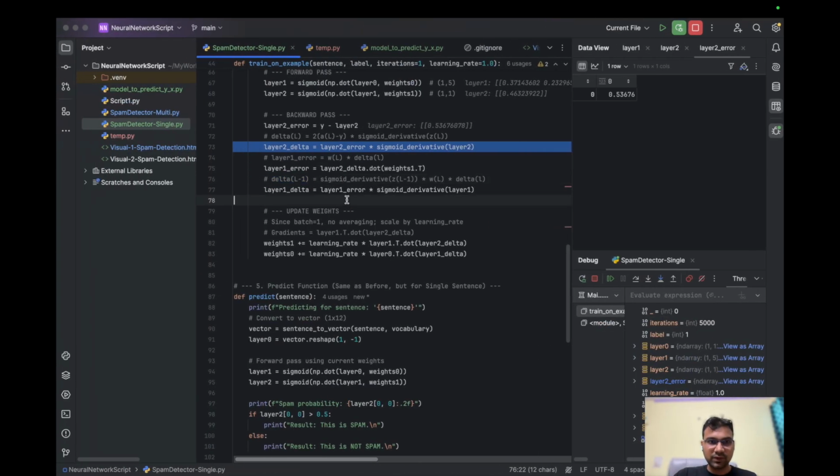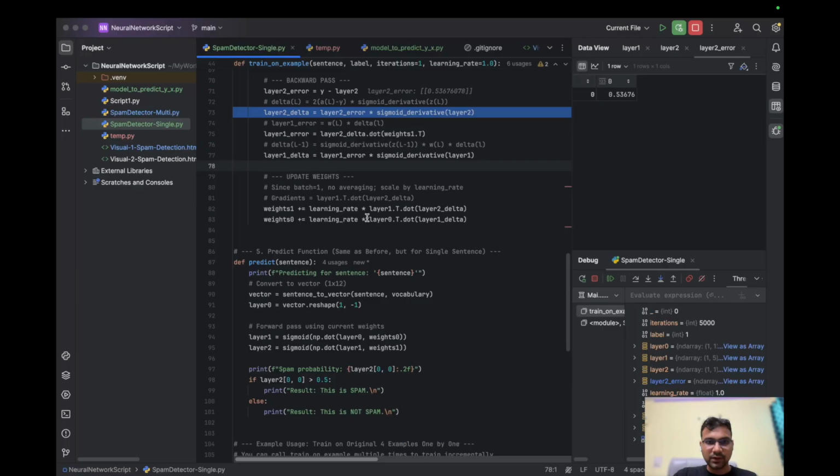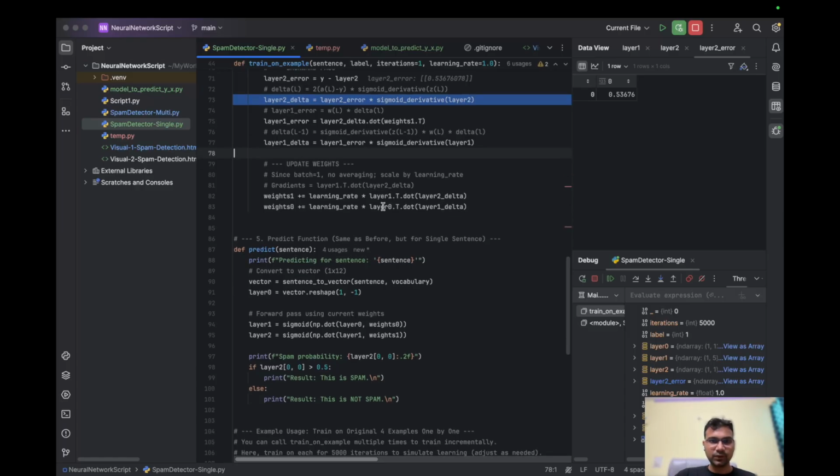The same thing we are doing over here. Transpose is just to help with the multiplication part. It is a column array, and it will convert it to a row. So for layer 1, these are all the activation values, multiplied by the delta.